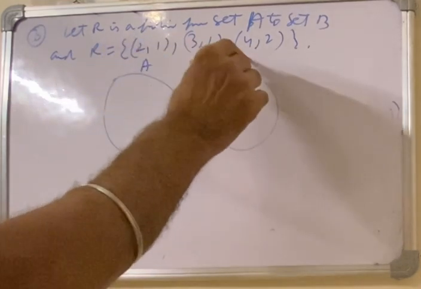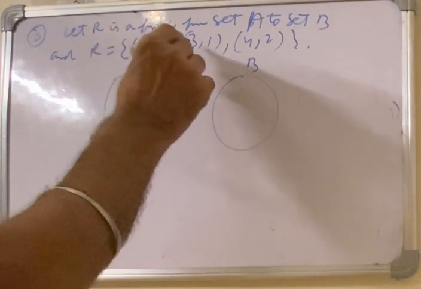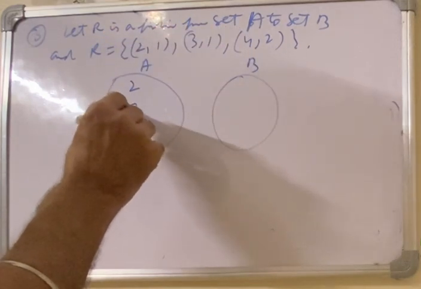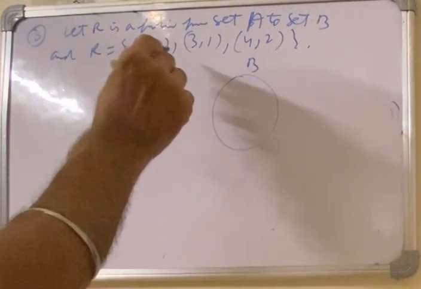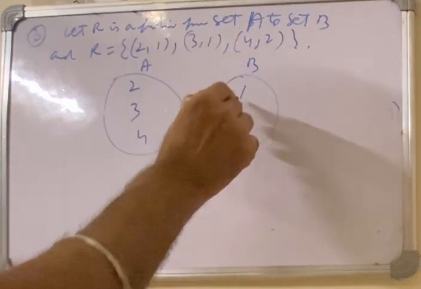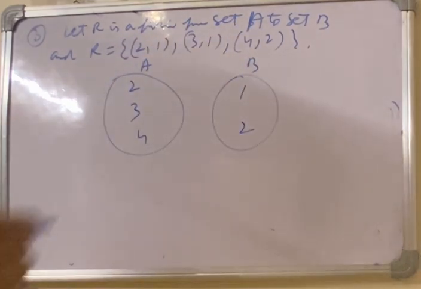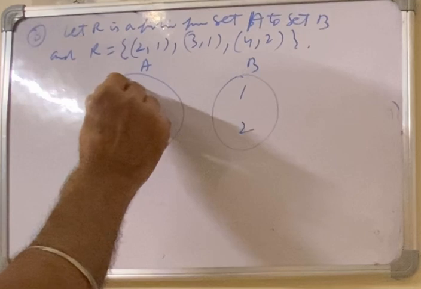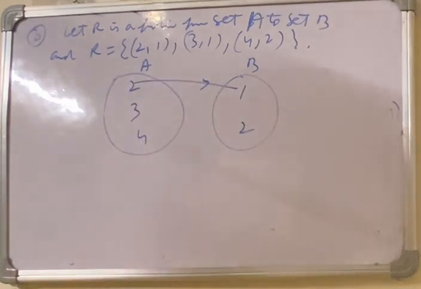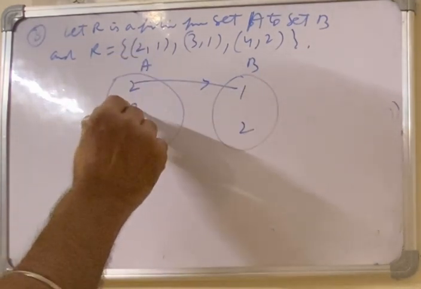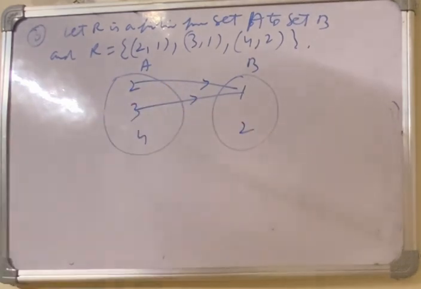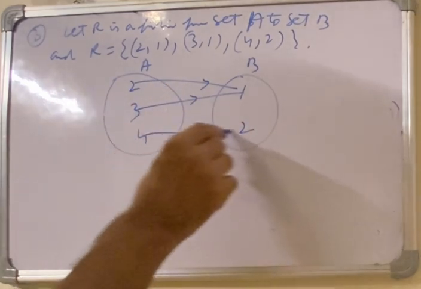This is A, this is B. A is 2, 3, 4. B is 1, 2. Now 2 is related to 1. Then 3 is related to 1. 4 is related to 2.